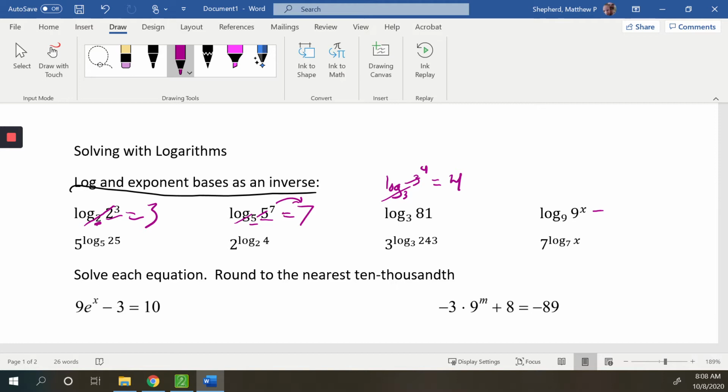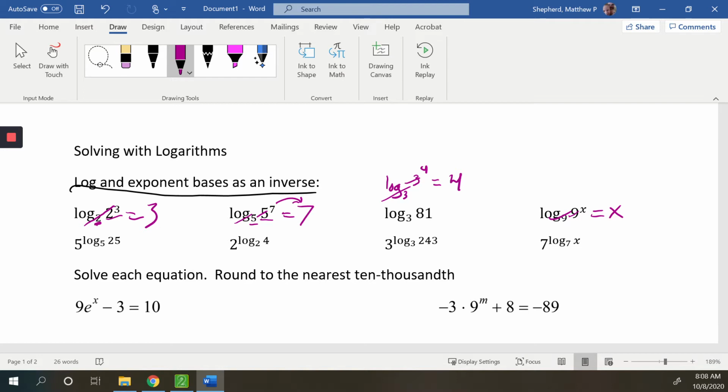Now here we've got that x. Well, what's going to happen here? 9 to the power of what would equal 9 to the power of x? x is that answer. 9 to the power of x would equal 9 to the power of x. Once again, notice the log and the exponent base will eliminate, so long as the base of the log is matching exactly the base of the exponent.